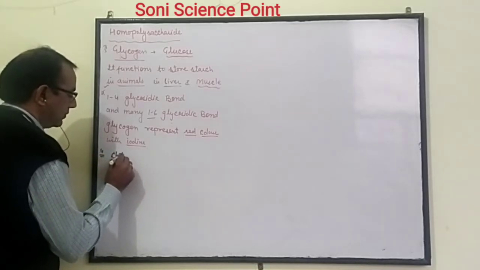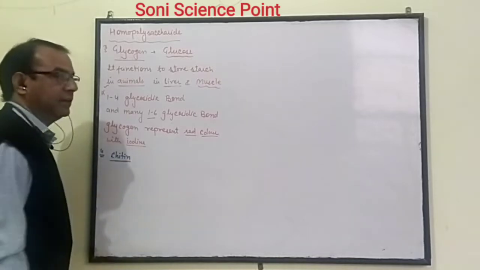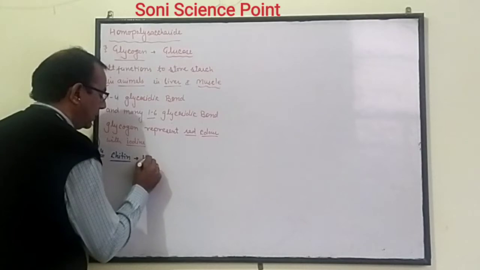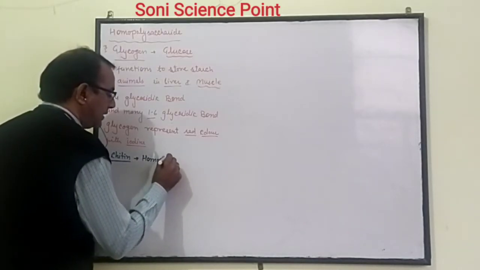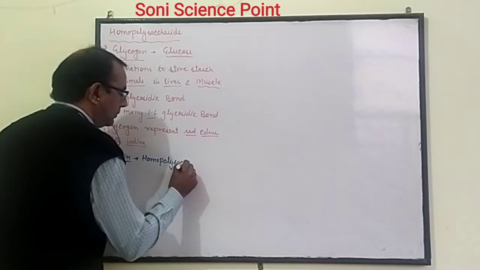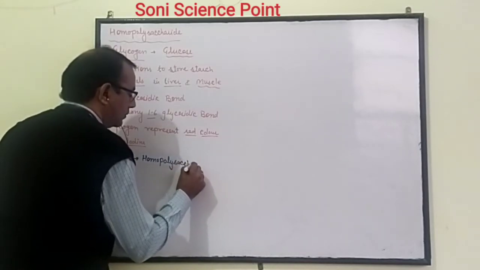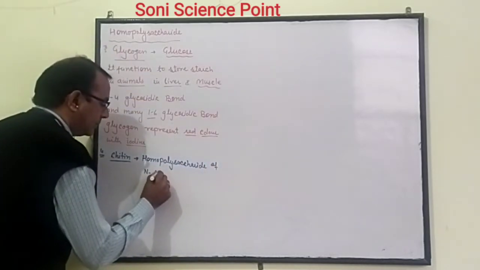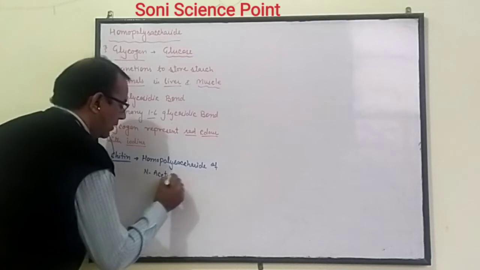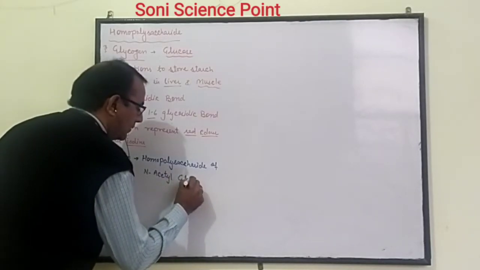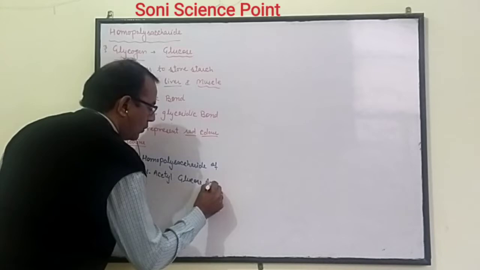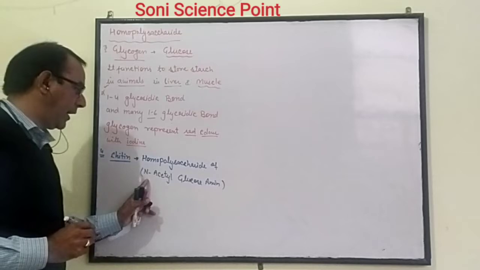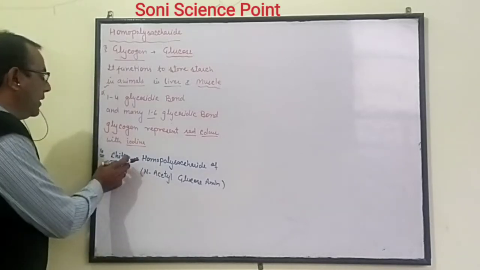The next one is chitin. Chitin is also a homopolysaccharide of N-acetyl glucosamine. It is a long chain of N-acetyl glucosamine that forms chitin.